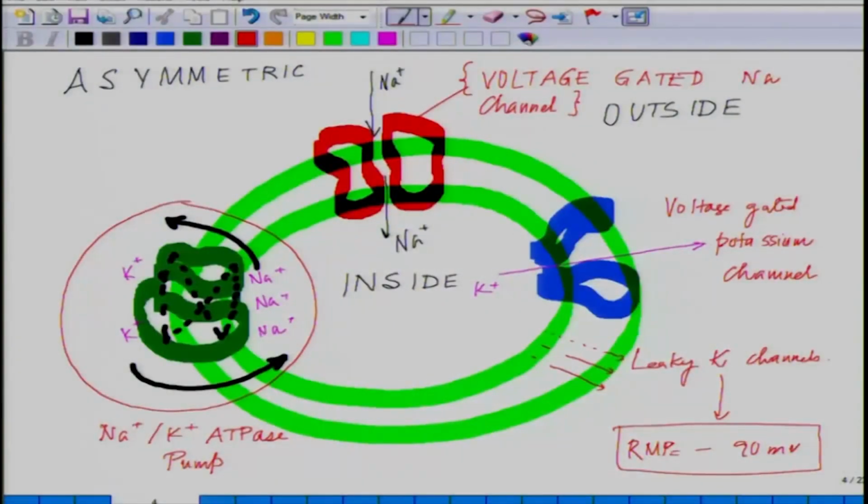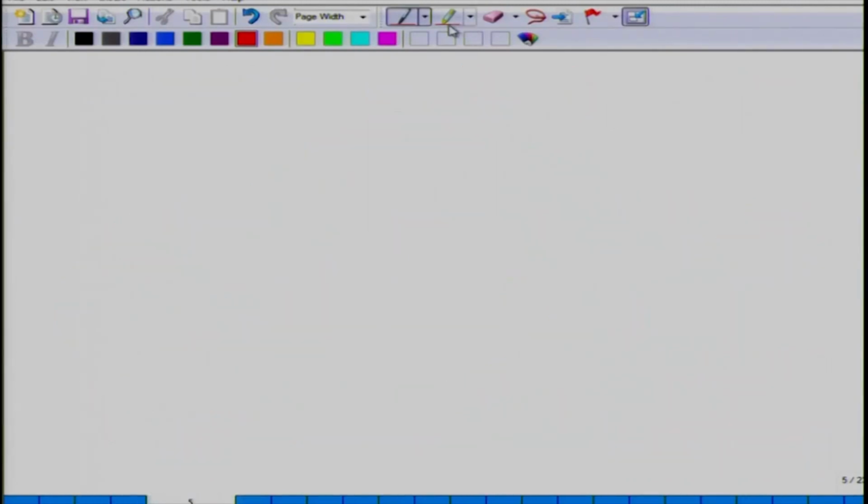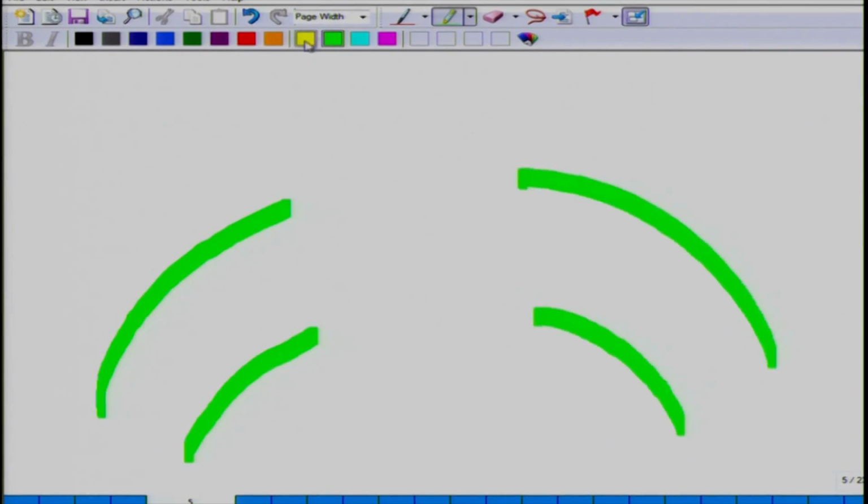If you look at this molecule, now since I have introduced the membrane, if you look at this molecule across the cell, like if this is the part of the membrane and the molecule is sitting like this, this is the pore through which the sodium moves.